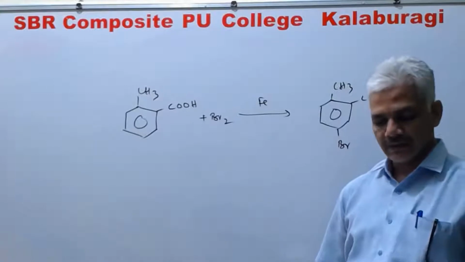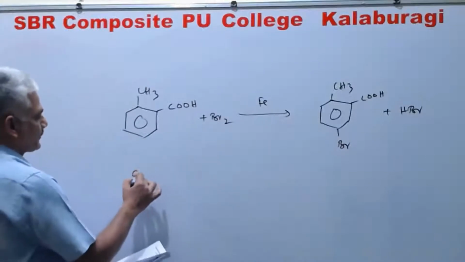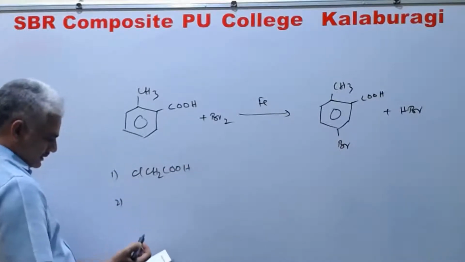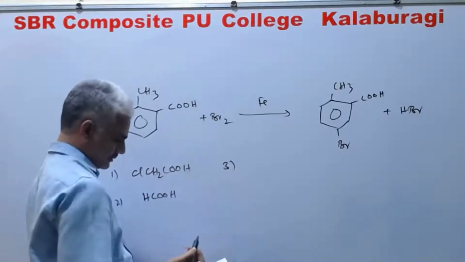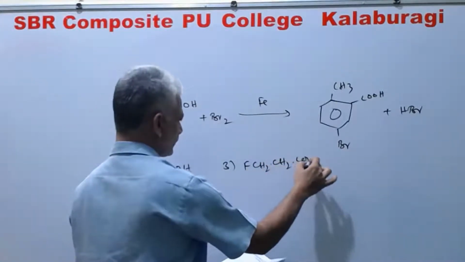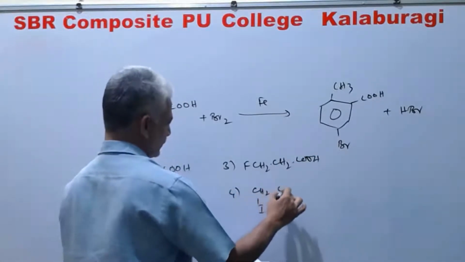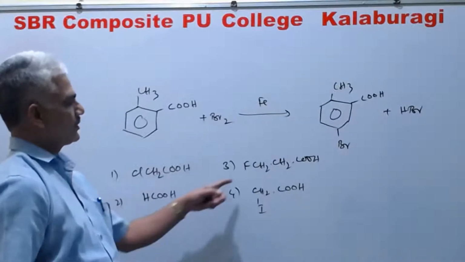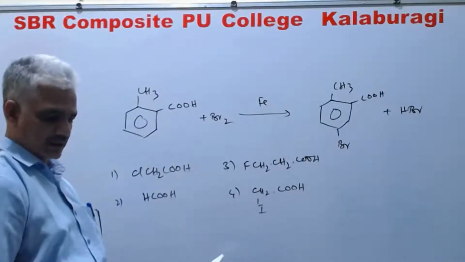Third question. The weakest acid among the following. The compounds mentioned are chloroacetic acid, formic acid, fluoropropanoic acid, and iodoethanoic acid, or iodoacetic acid.